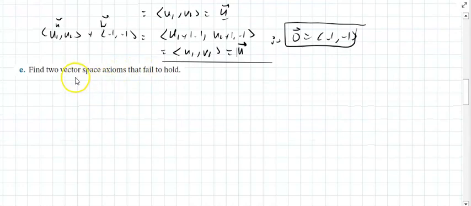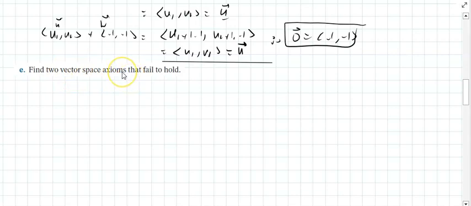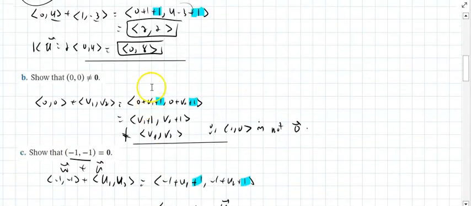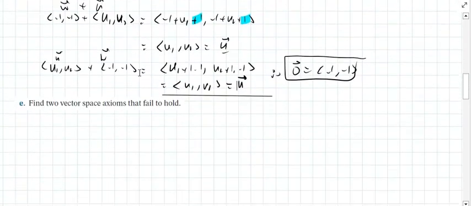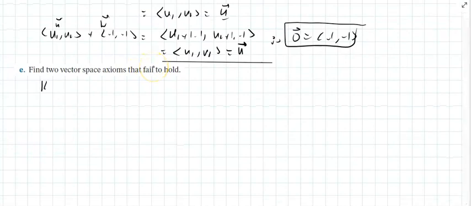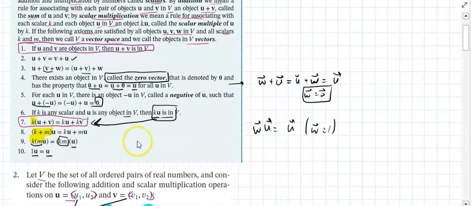Find two vector space axioms that fail to hold. We want to see what does not hold for this. Well, let's see. Multiplying by a constant normally, or addition. Addition, it worked. If I multiply by a constant, if I take k u, according to the rule, this is the part that I should focus on.